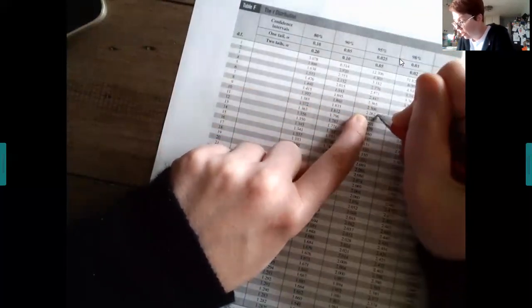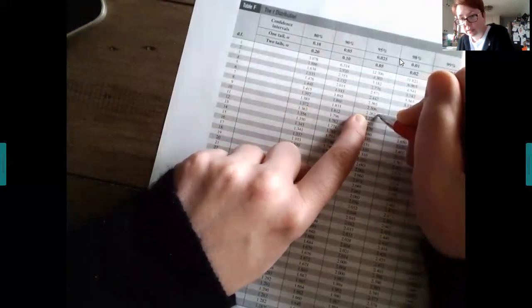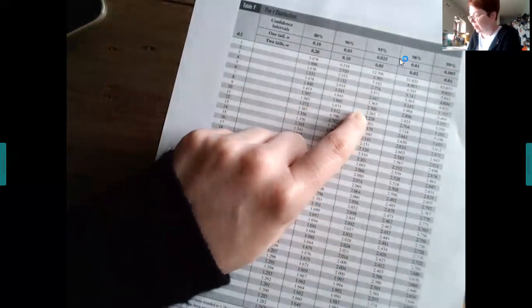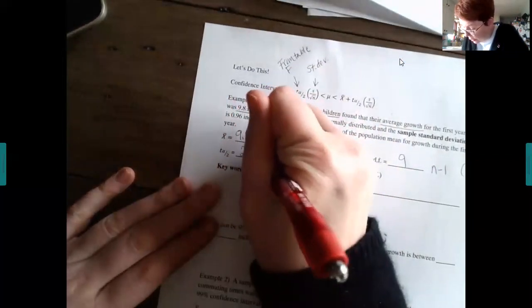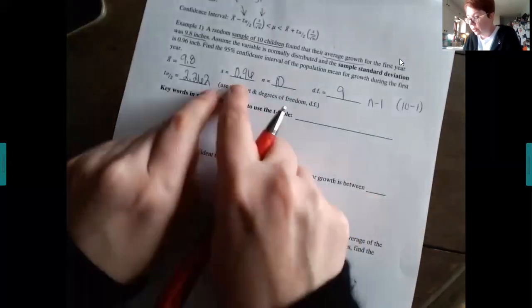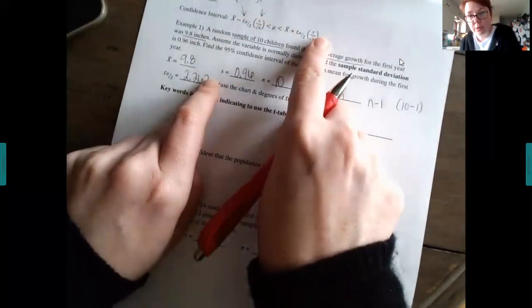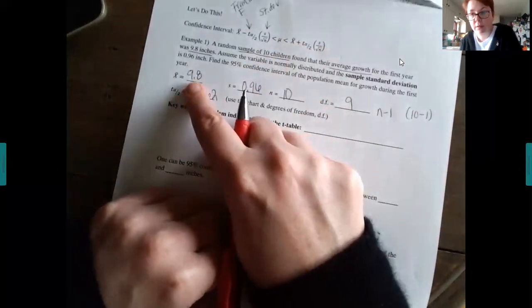And we're going to use this value, 2.262. For whatever reason, I can never say that correctly the first time. So we're going to use these values and do just like we did before. We find the margin of error, we subtract it from the mean to get the low end, and we add it to the mean to get the high end.